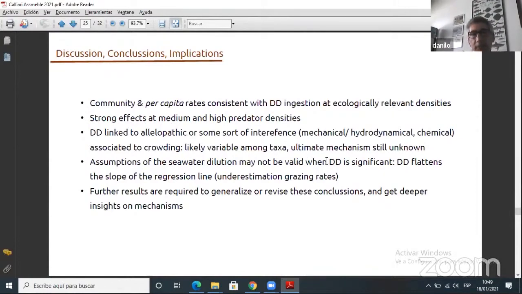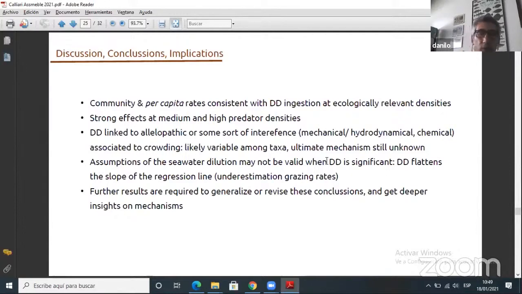These density-dependency effects were clear at high and even medium densities, and we interpret that the arising of this effect has to do with some kind of allelopathic or interference effect associated to crowding.